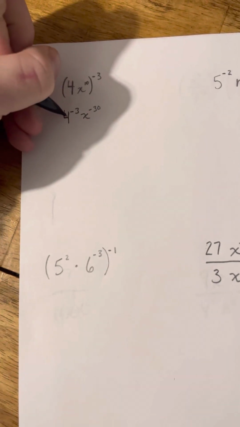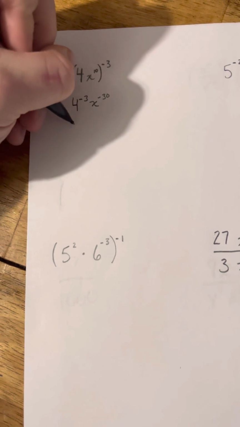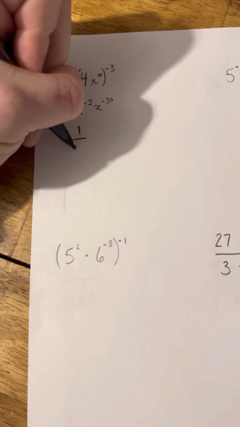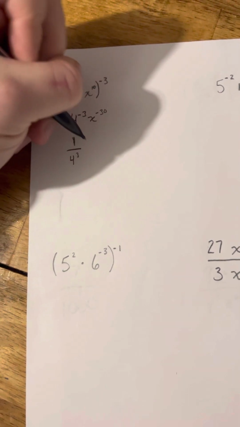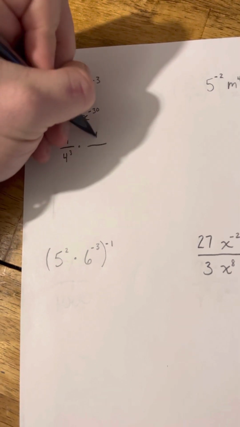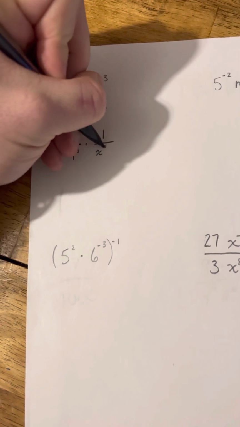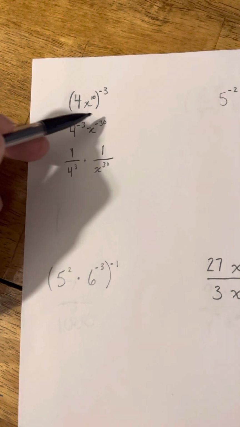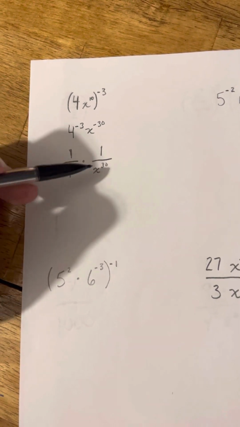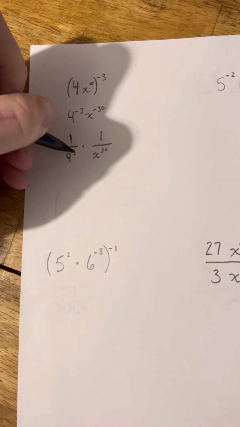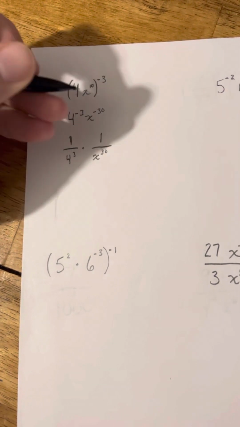So what that would mean is this 4 to the negative third would become 1 over 4 to the third. And then the second one, x to the negative 30, becomes 1 over x to the 30. Okay, so anytime you have a negative exponent, you just move it to the other side of the fraction to make it positive. And then you can simplify this further by taking 4 to the third, which would be 64.